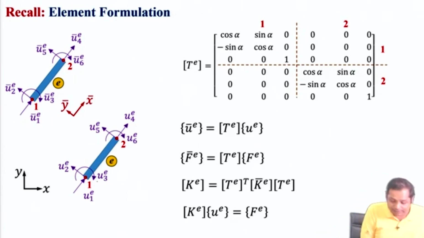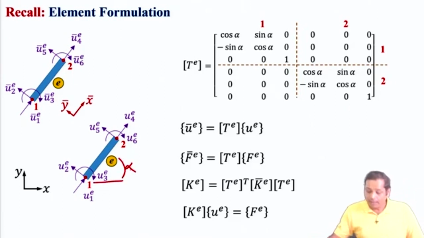Once we have this transformation matrix, this is the relation between the element level degrees of freedom and the global representation of the degrees of freedom. This is for the force vector, and the element stiffness matrix with respect to the global coordinate system can be obtained, where Ke bar is the element stiffness matrix with respect to the local coordinate system.